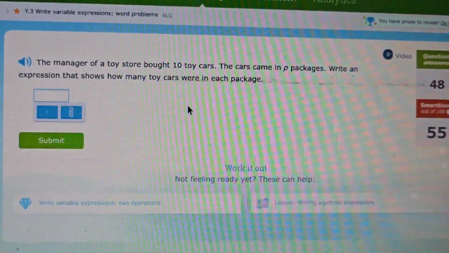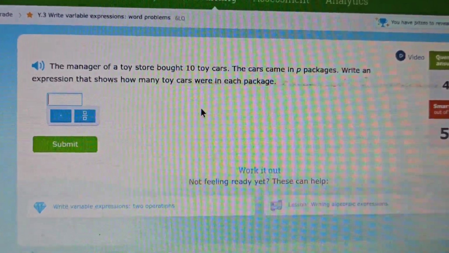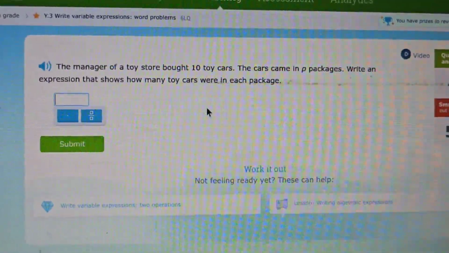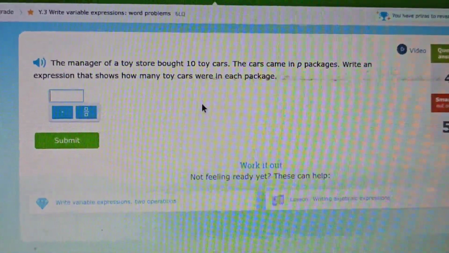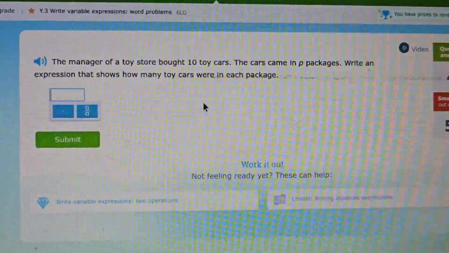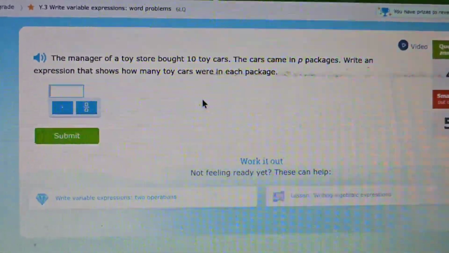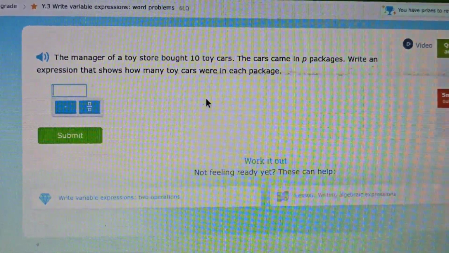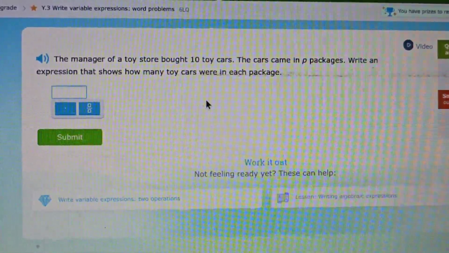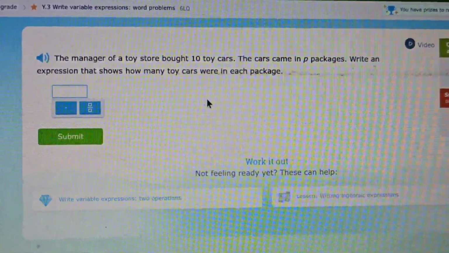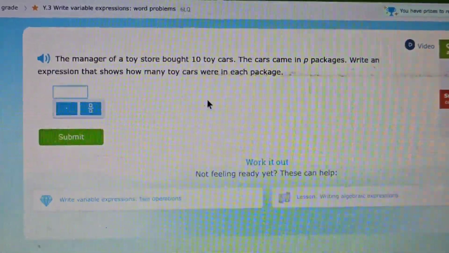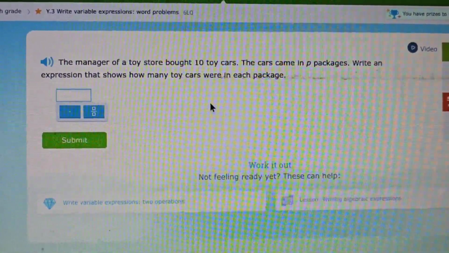This is a very good example of a division problem. Imagine the toy store manager bought a total of 10 toy cars, and the cars came in P number of packages. We don't know how many packages.